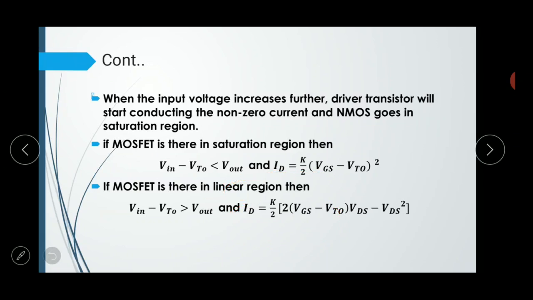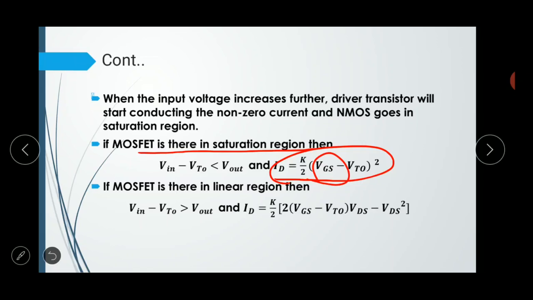When the input voltage increases beyond the threshold voltage, the driver transistor starts conducting drain current. The driver MOSFET is initially in the saturation region, and the saturation drain current equation is ID equals K by 2 times (Vin minus Vt0) whole square, where Vin is VGS.